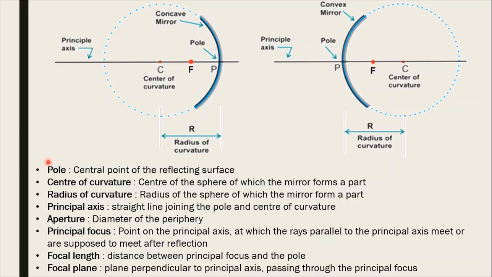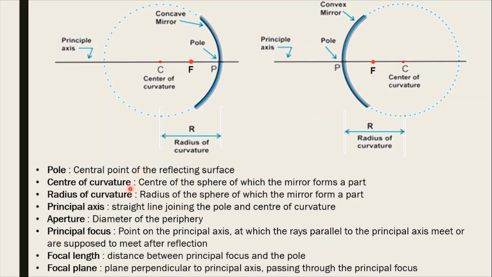The first one is the pole P. The pole is the central point of the reflecting surface of the mirror. The next one is the center of curvature, that is C. The center of the sphere of which the mirror forms a part is called the center of curvature.